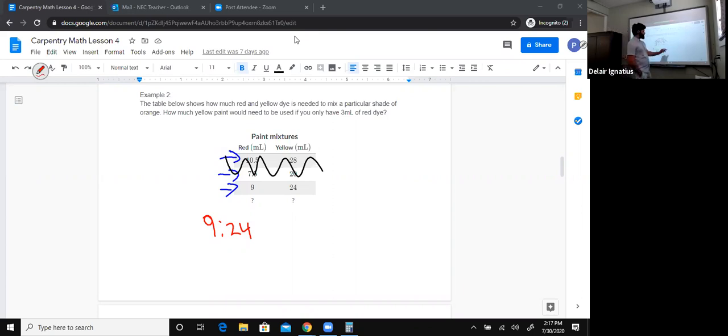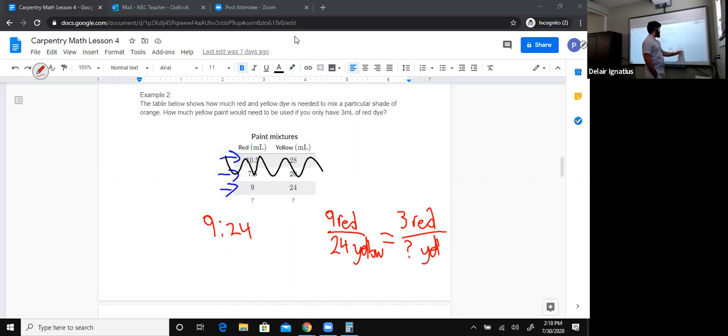So let's make a fraction. Let's go 9 red divided by 24 yellow. And this should be equal to whatever amount of red dye we do have, 3 red, divided by some amount of yellow.